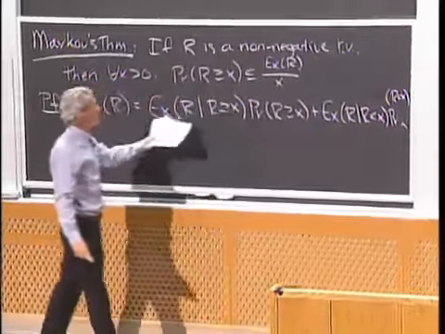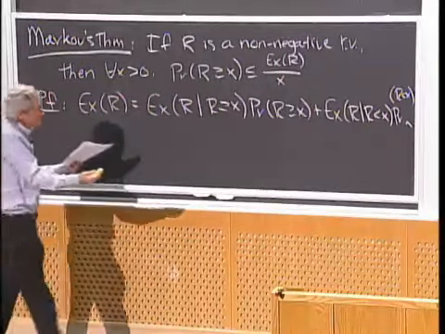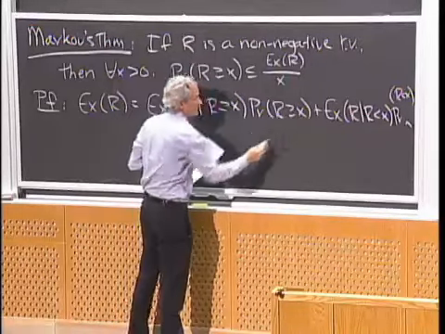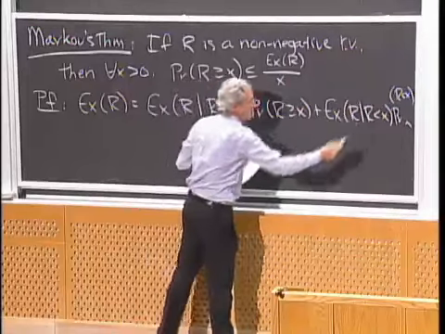All right, that's from the theorem of total expectation. I look at two cases. R is bigger than x, take the expected value there, times the probability of this case happening, plus the case when R is less than x.